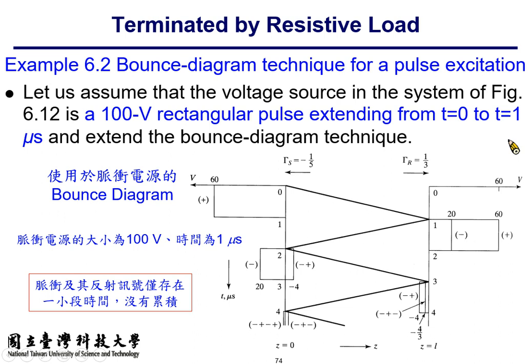Did you observe something from this bouncing diagram? The signal becomes smaller and smaller, and will eventually go to what? Goes to 0. Why? Because the source only provides signal for a finite amount of time, which means the energy provided by the source is finite.